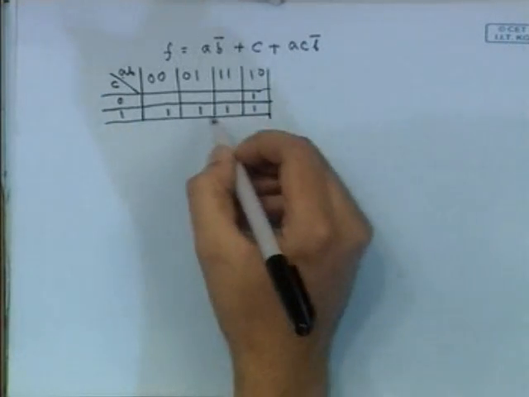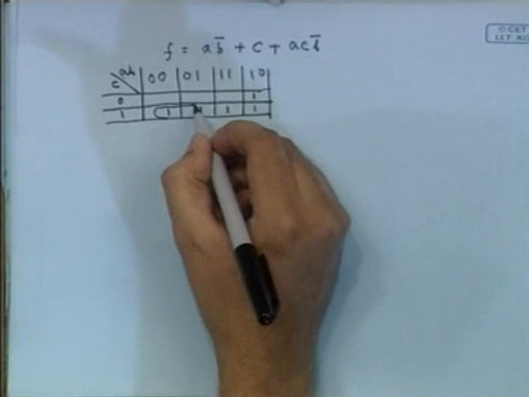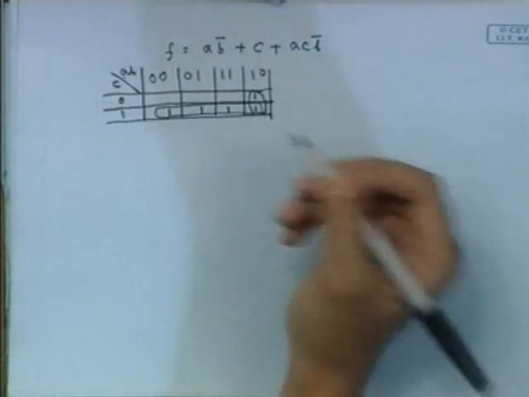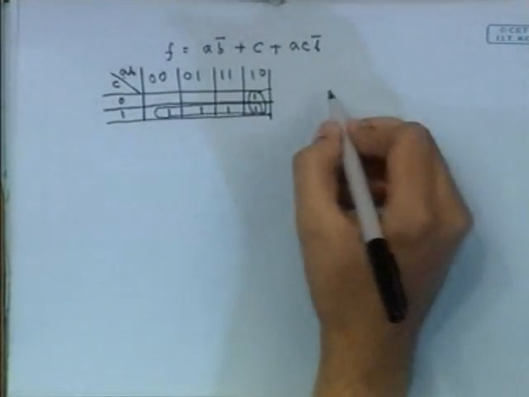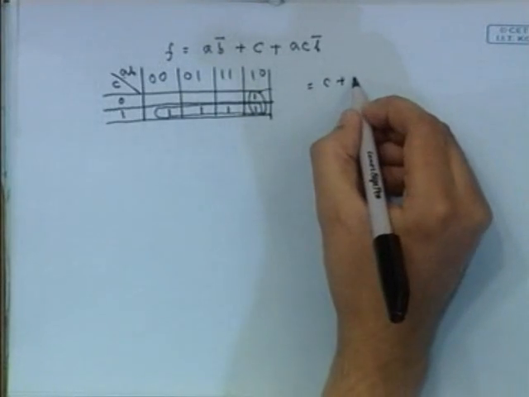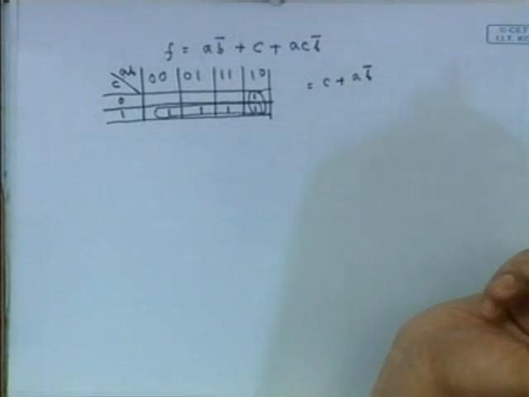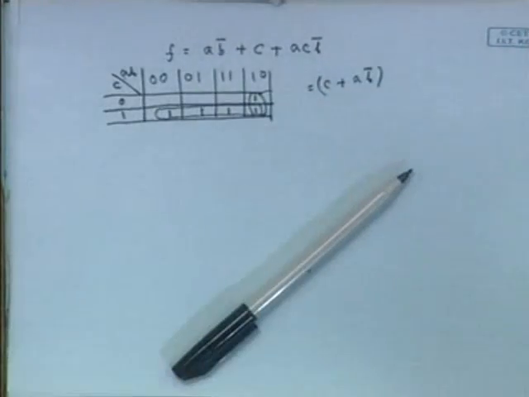So we will cover these min terms using cubes like this and this, and we will get the minimized function as c plus a b bar. Okay, this way we use the Karnaugh map.